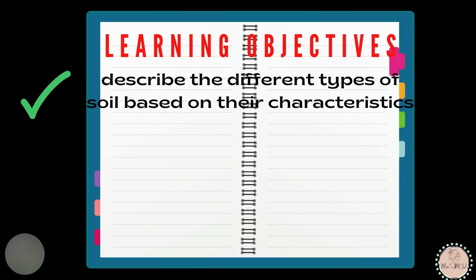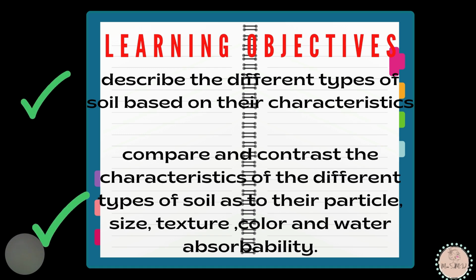At the end of this video, you are expected to describe and compare the characteristics of the different types of soil as to their particle size, texture, color, and water absorbability.